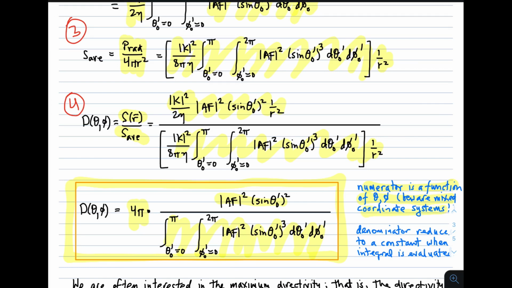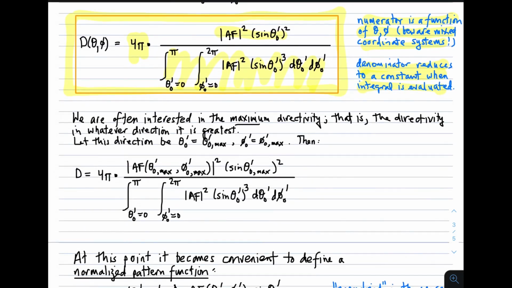So beware of mixed coordinate systems. Usually it is not a problem, but it can be a point of confusion if you're not careful. Also note that the denominator reduces to a constant when this integral is evaluated. So the numerator will be a function of theta and phi, or equivalently theta prime and phi prime, whereas the denominator will always reduce to a constant.